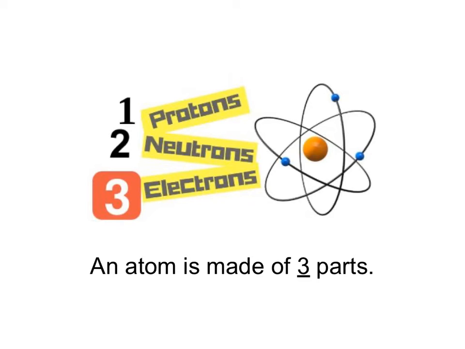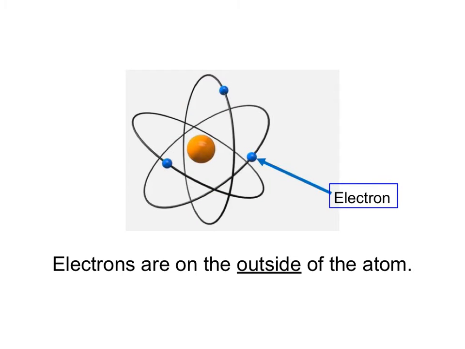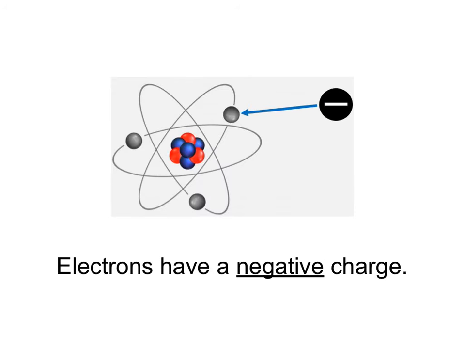Electrons are so important in chemistry. Electrons are on the outside of the atom. So they're going to be the outermost part of our atom, which means that they're going to be really important because they can interact with other atoms. Electrons have a negative charge.